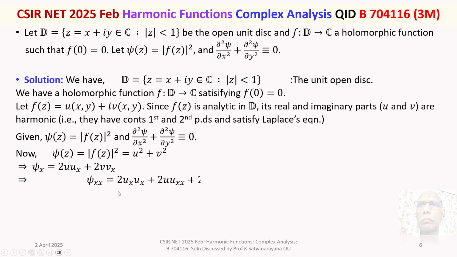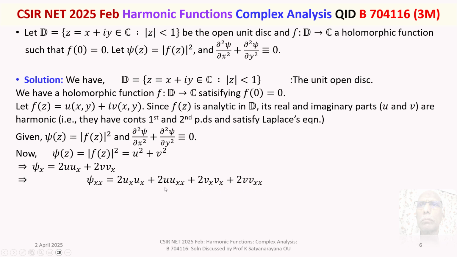Psi xx is equal to 2 u x into u x, plus 2u, differentiate partially with respect to x of u x, that is u xx, plus 2 v x into v x, plus 2v v xx.